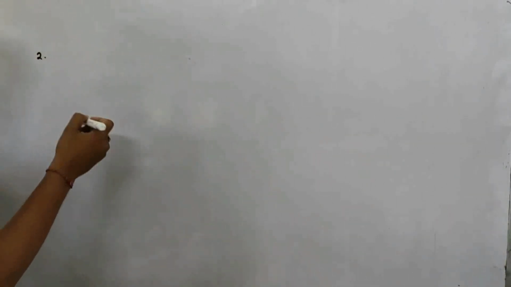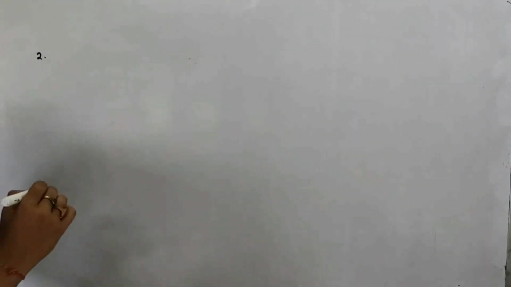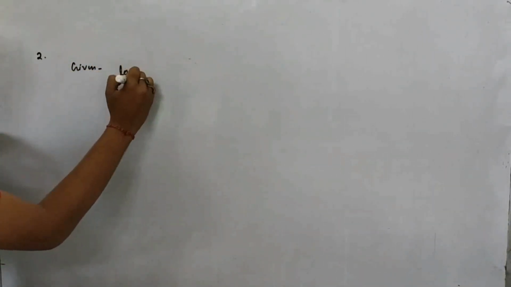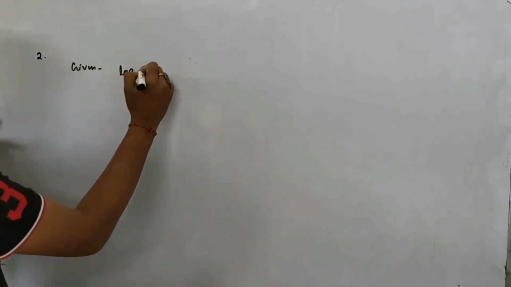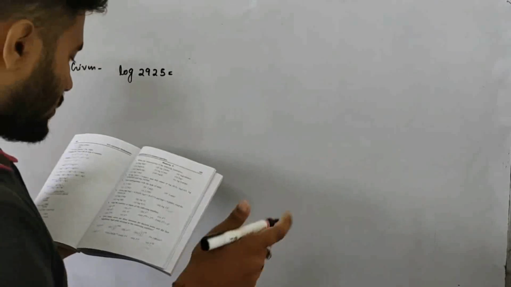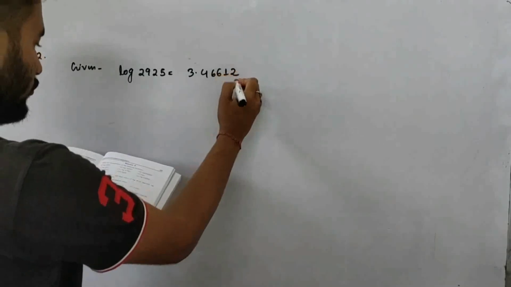Question number 2. What is given? Given log 2925 is equal to 3.46612.